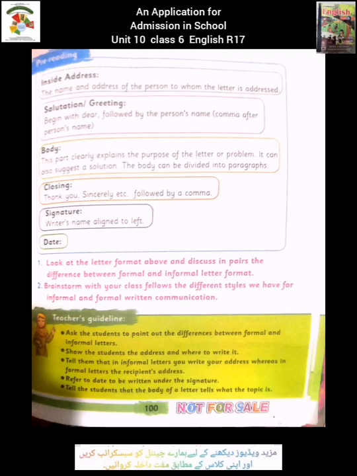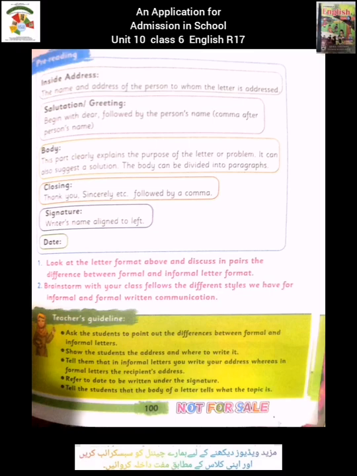So students, in this pre-reading section, we are going to focus on the part of the letter that we learned in the previous chapters, like unit 9 and unit 7. So here the format of a letter is given. This is given in order to keep in your mind what is the difference between application and letter.